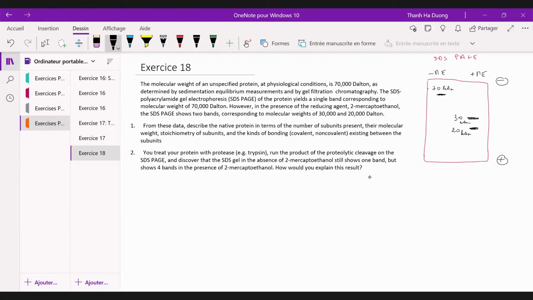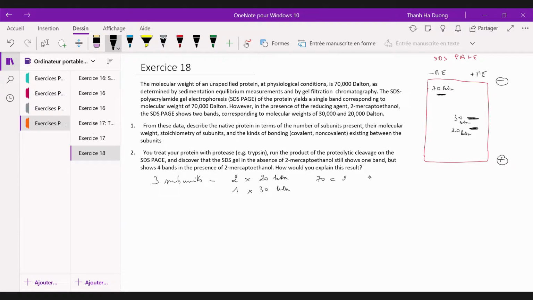So what is the composition of this protein in terms of subunits? How many subunits? I think 3 subunits. Okay. So we have 3 subunits. We have 2 subunits with 20,000 and 1 subunit with 30,000.